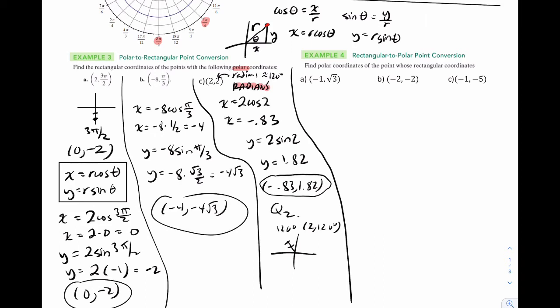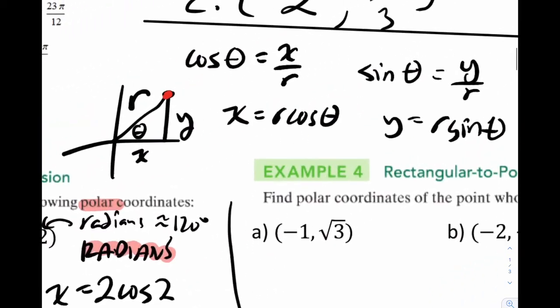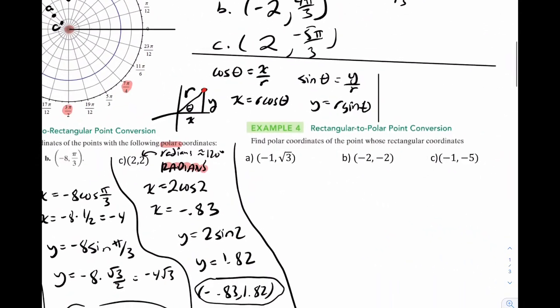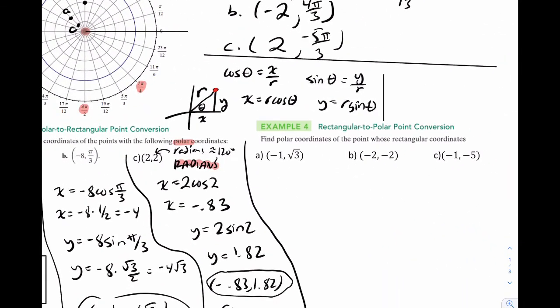It says find polar coordinates for these rectangular coordinates. So if you look back at this thing right here, I'm going to do a couple more generalizations. So we found these two facts earlier, number 1, number 2. Let's do another couple observations here.